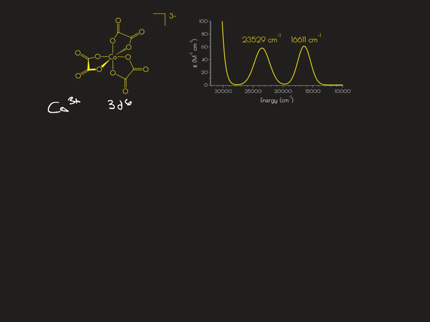One has to do with the fact that for a 3d6 ion, so here are the 3d orbitals with the 6 electrons occupying those 3d orbitals, we have 210 microstates possible.